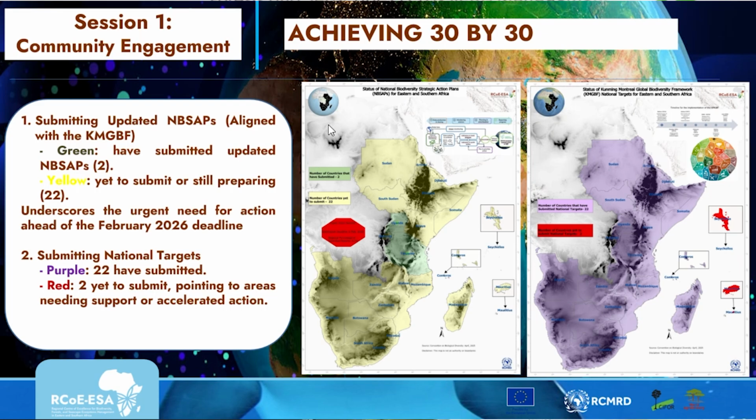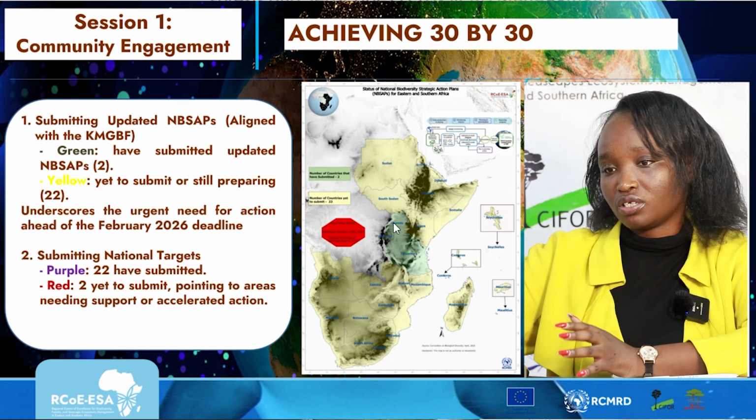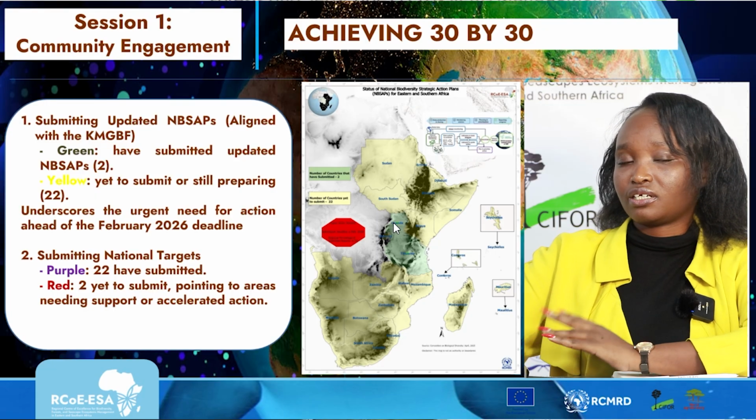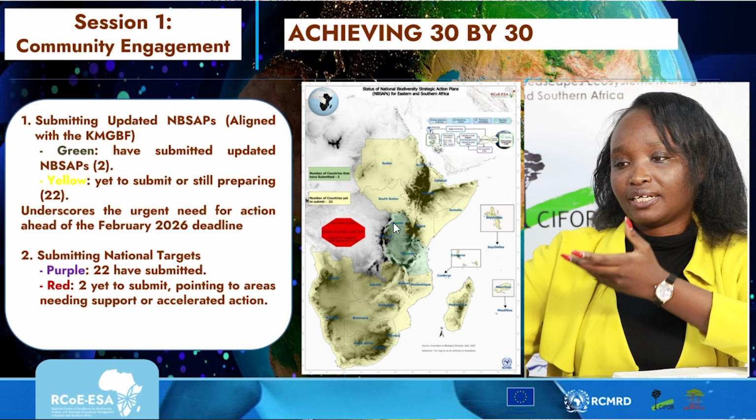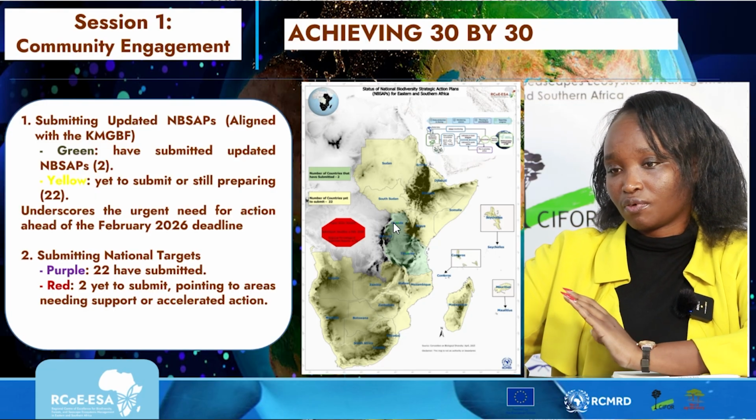Maybe a summary of how we are doing in the region. We have the maps. They're showing the submission of the NBSAPs. With GIS, you're able to now visualize all this, and the policymakers are able to identify areas of improvement.